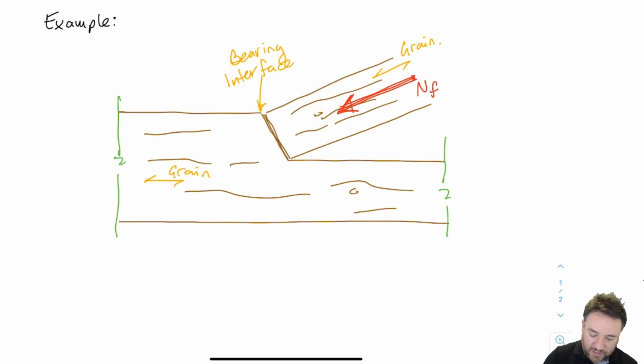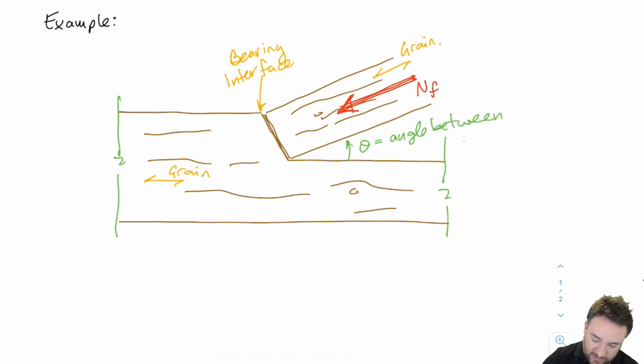Its grain direction is this, and the load is coming like this, at some angle relative to the grain of theta. This is the key angle that is going to come into the equation later: the angle between the grain direction and the loading direction.